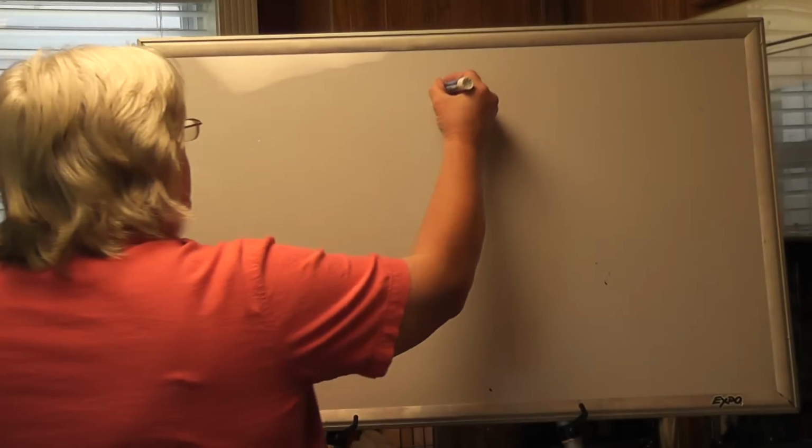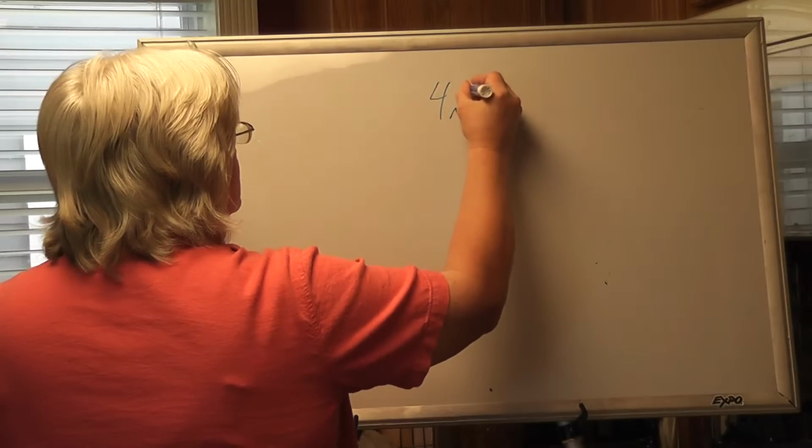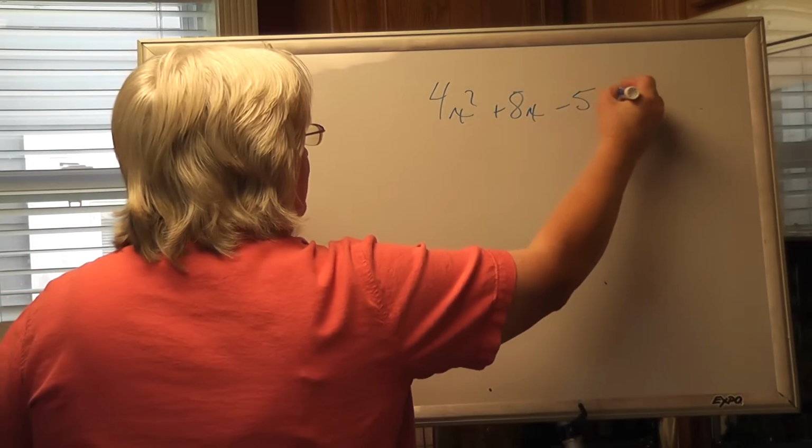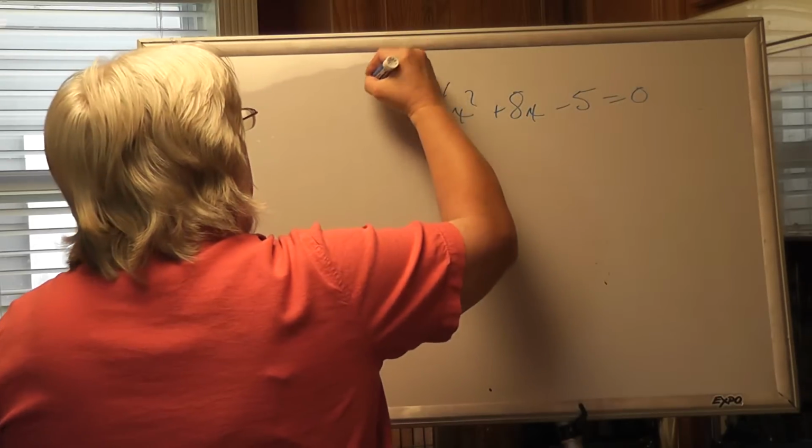So let's go ahead and move on with section 11.5, completing the square with leading coefficients. 4x squared plus 8x minus 5 is equal to 0.